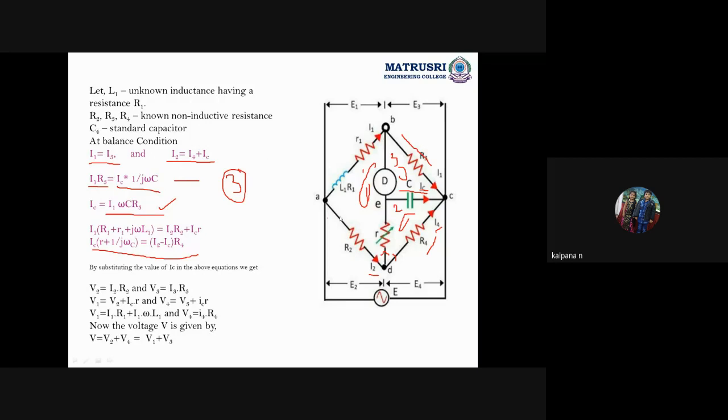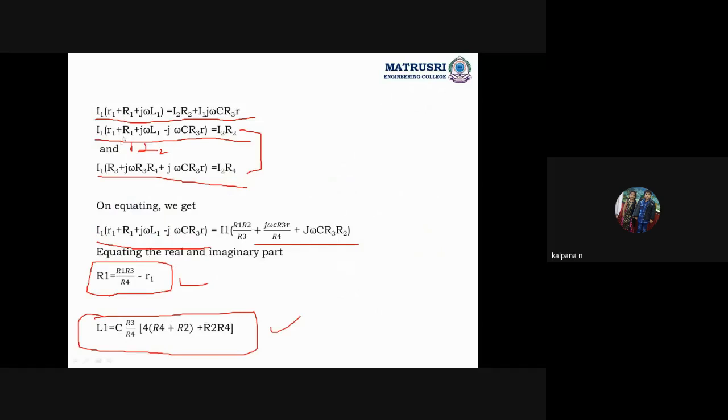From these three, we will get the three equations. These two are the major equations. From this loop equation, we will get the IC value. And this IC, if we substitute in this equation, then we will get the two equations. This is one equation and this is another equation. After then, in these two equations, we should write I2 is equal. I2 term is common.